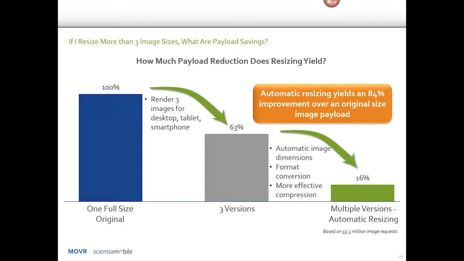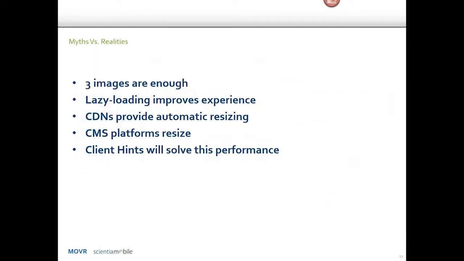What we've assumed here is that you provide that automatic image resizing based on the dimensions, but in addition to that, you might be optimizing for different formats. So if you're delivering to an Android device, you could use Google's WebP format, which is an even more optimized format than PNG or JPEG. So you get more effective compression around that.